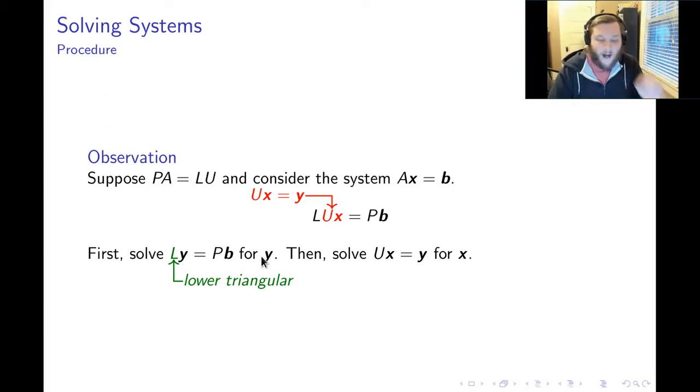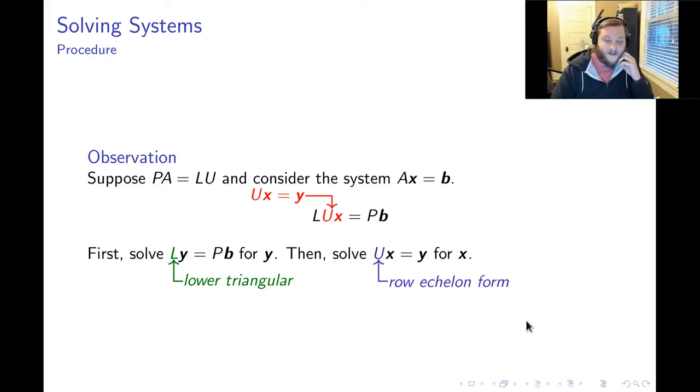Once we have Y, we can then solve for the desired vector X by studying UX equals Y, and U is in row echelon form, and row echelon form systems can be solved with a similar method. Solve for a variable, sub into the next equation, and so on and so forth.